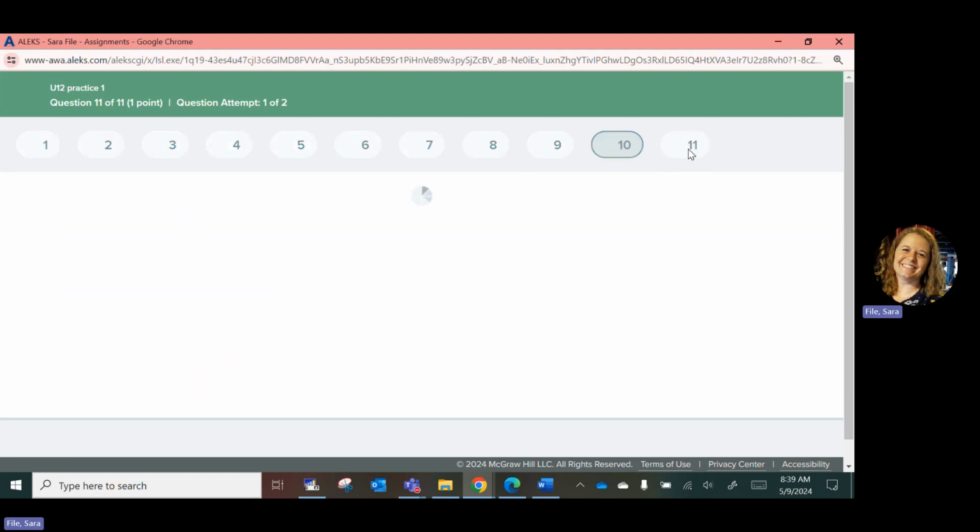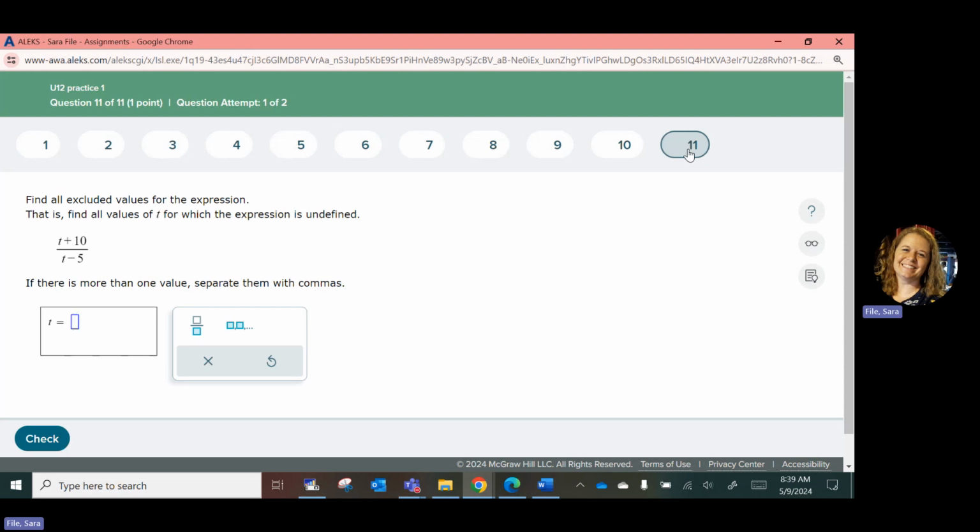You can do it just solving algebraically. Same thing here. This one doesn't even require any factoring. You should be able to look at this and tell me what value you would plug in there to make the denominator 0. 5. That's it. Your answer's 5. So some of them may be easier than others. But that's what they're asking. When they ask for the excluded values, they're saying, what would make the denominator 0? Those values that you're coming up with are the exclusions. Those are the breaks in the domain, the exclusions in the domain.